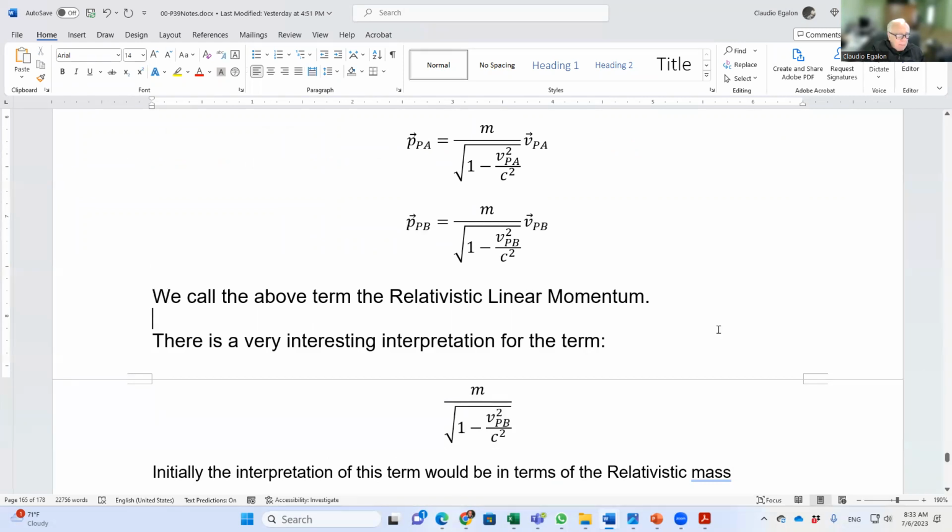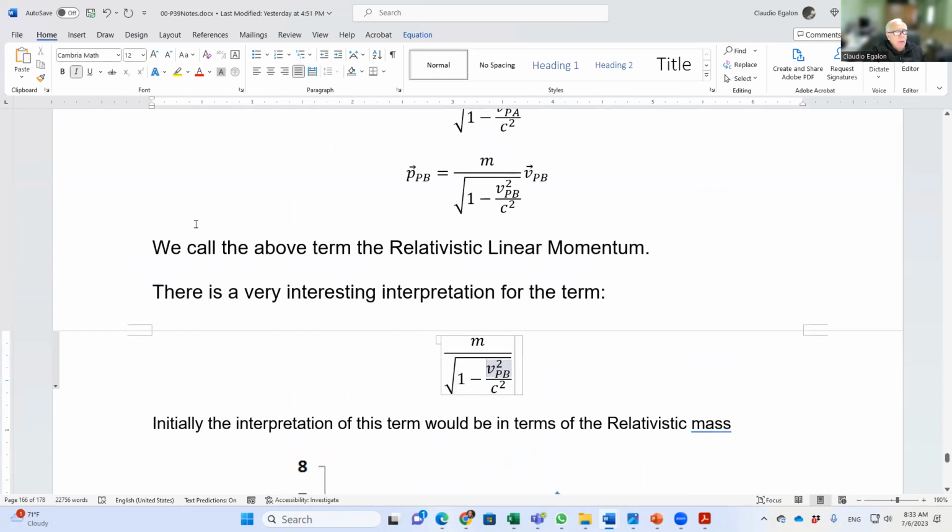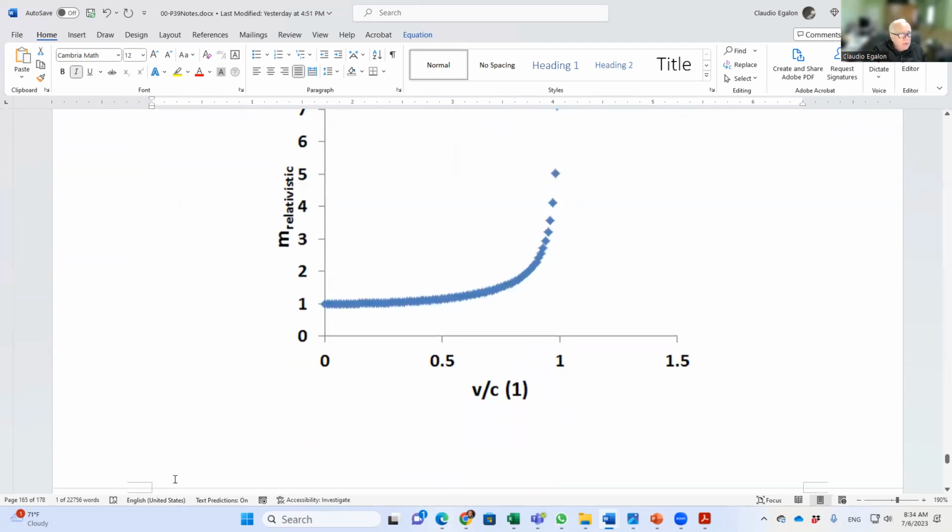But now we can start playing games with this relation. Now that we have concluded that we believe that this term gets conserved at relativistic speed, we can start using it to get other things, other important results. One of them is the relativistic energy.